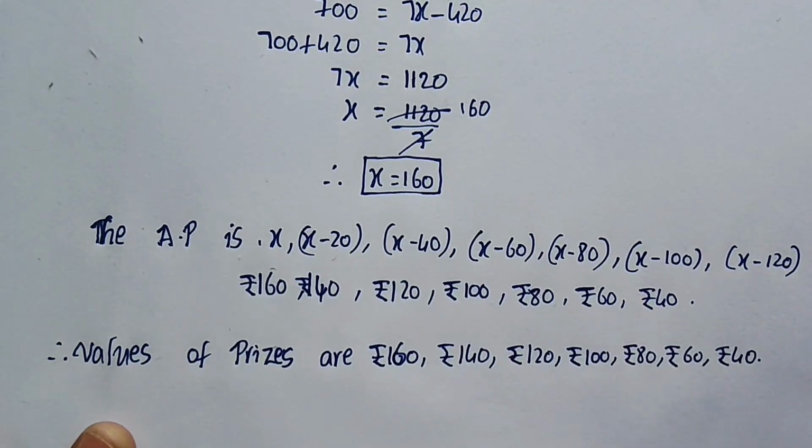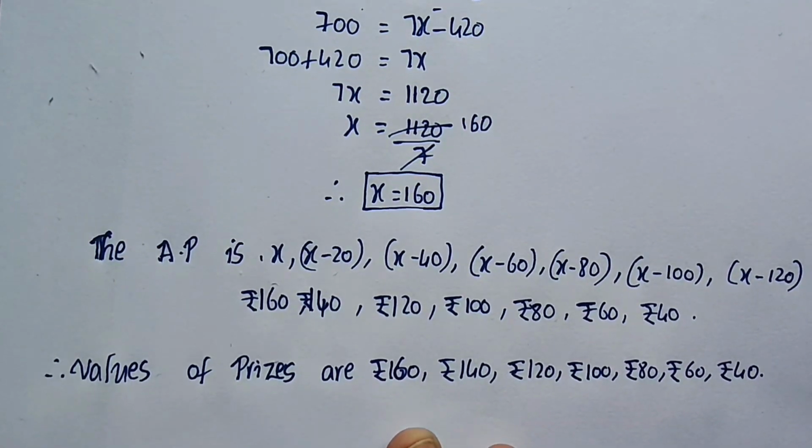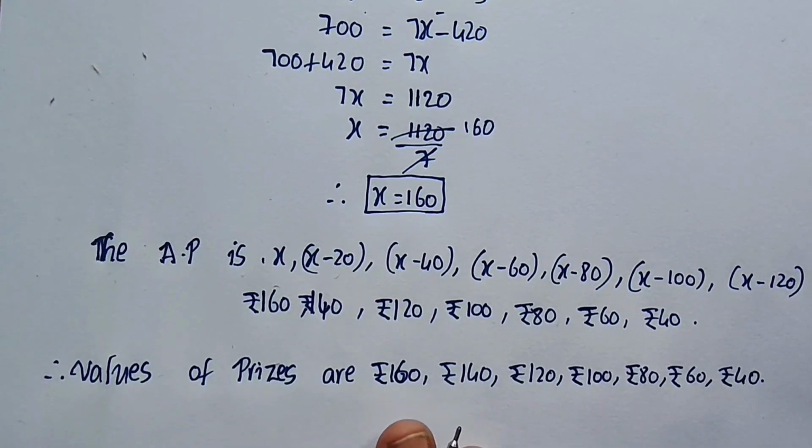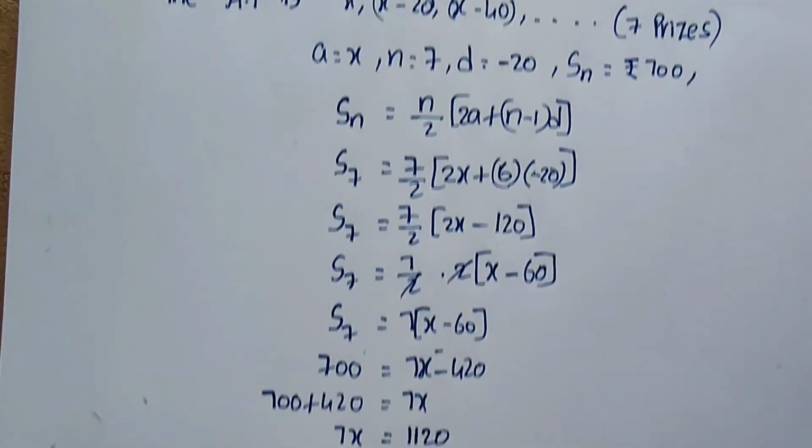So we got the value of prizes for first prize, second prize, third prize, and so on to 7 prizes. So we have completed this problem. Now let's go to the 17th question.